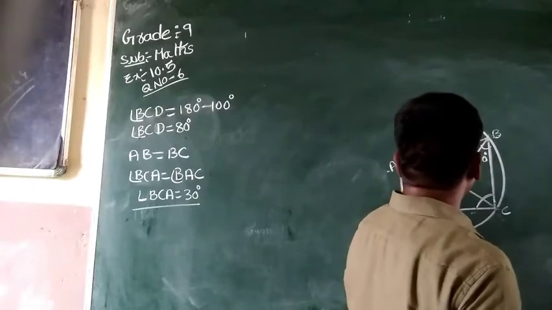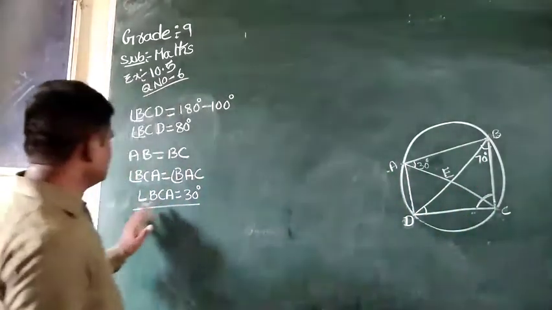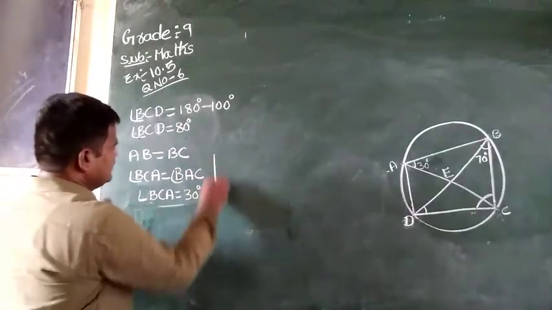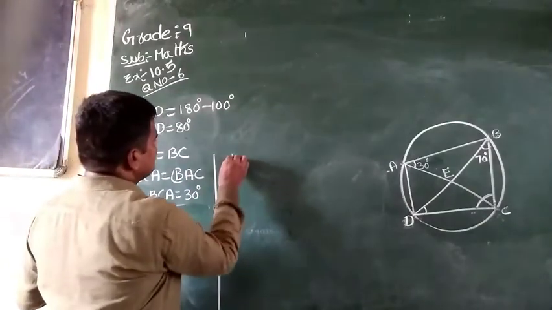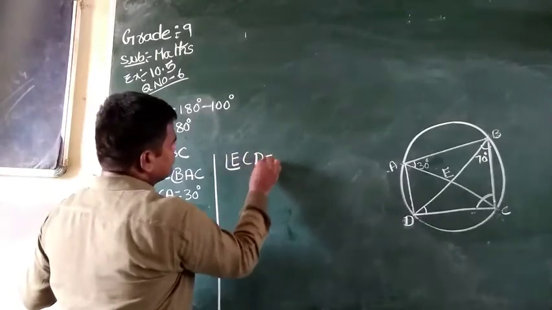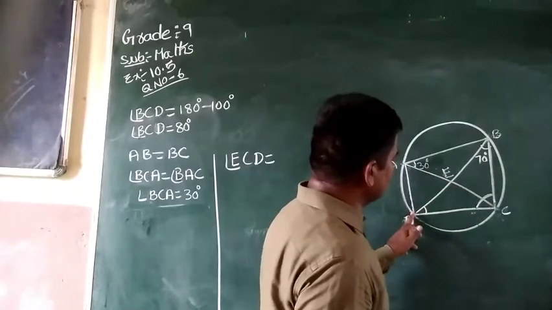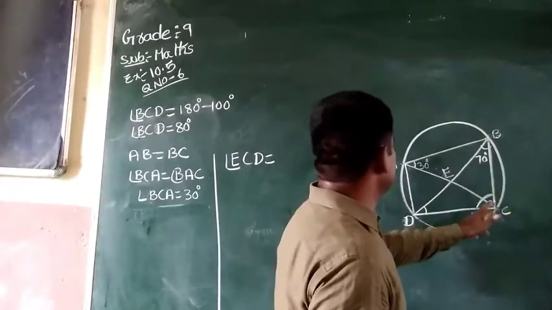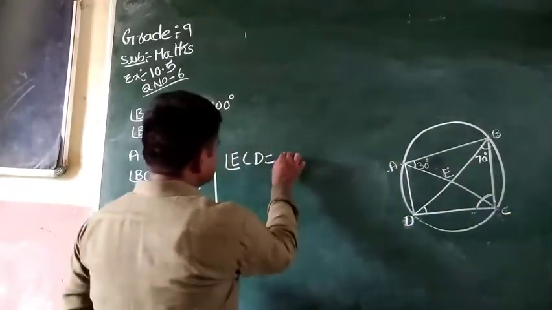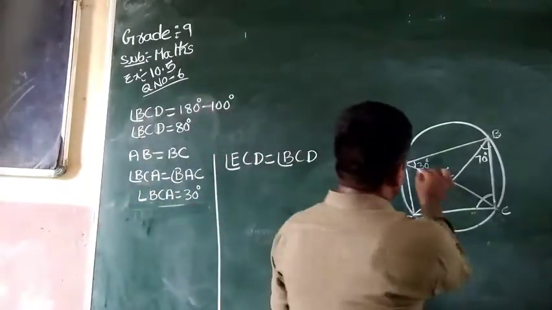So we need to find ECD. Here angle BCA equal to 30 degrees. Then angle ECD equal to this angle. Angle ECD equal to angle BCD minus angle BCA, because BCD is the complete angle.